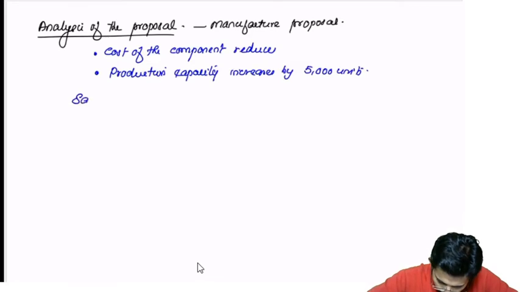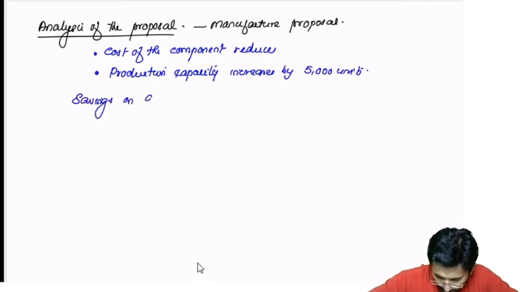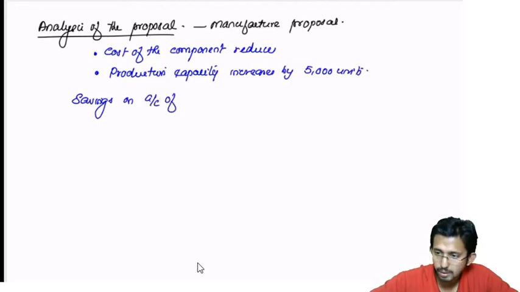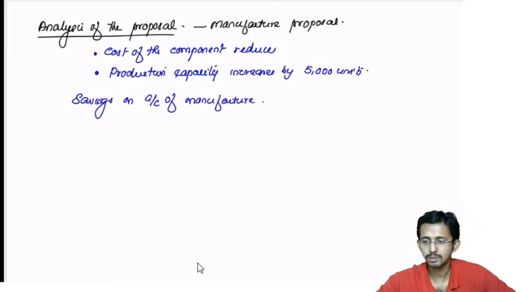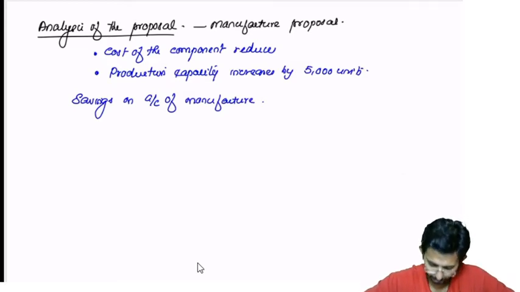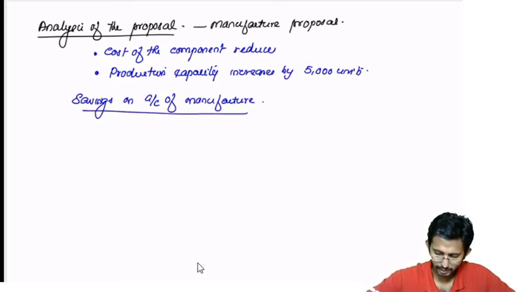So we will have to first find out what would be the savings on account of manufacture. What would be the savings?